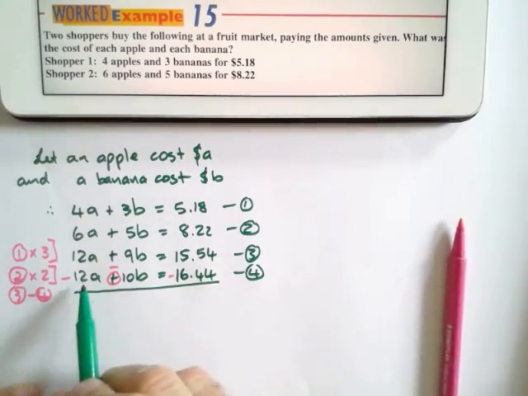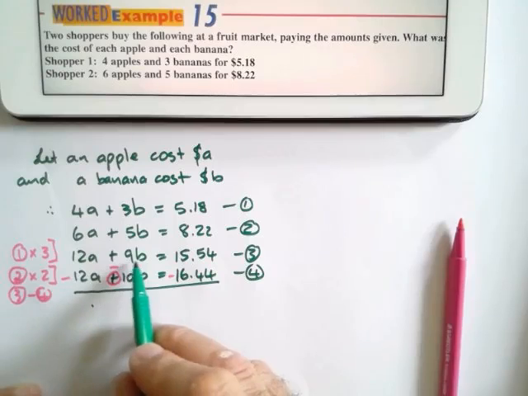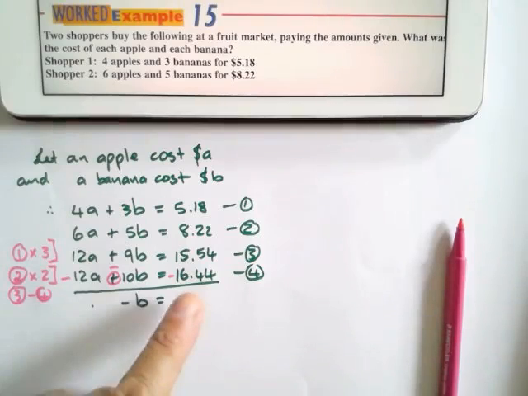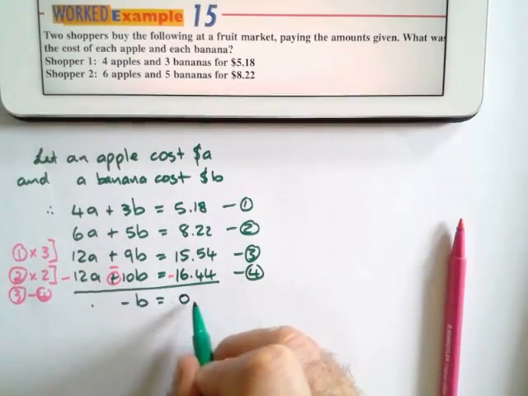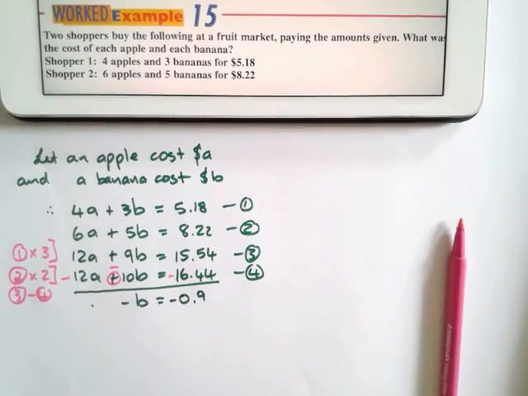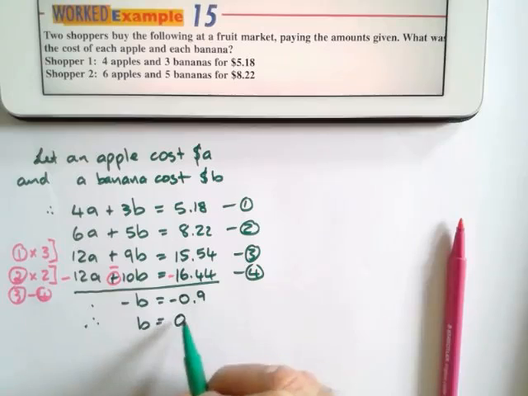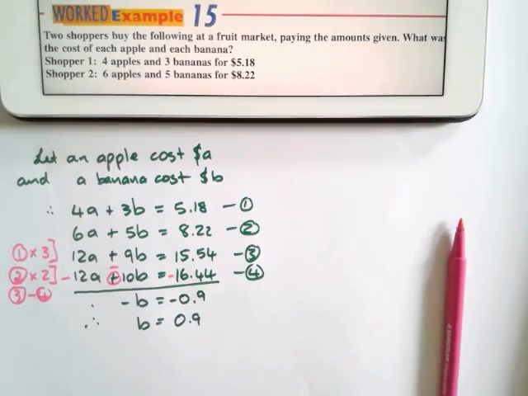So 12A take away 12A is 0. 9B take away 10B is negative B, and that equals 15.54 take away 16.44, which is negative 0.9. Therefore, B equals, dividing both sides by negative 1, 0.9. Bananas are $0.90, therefore 90 cents.